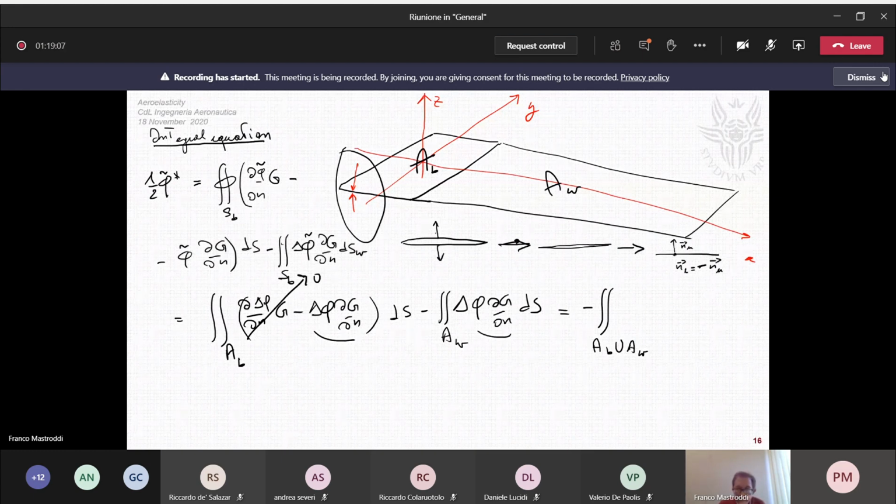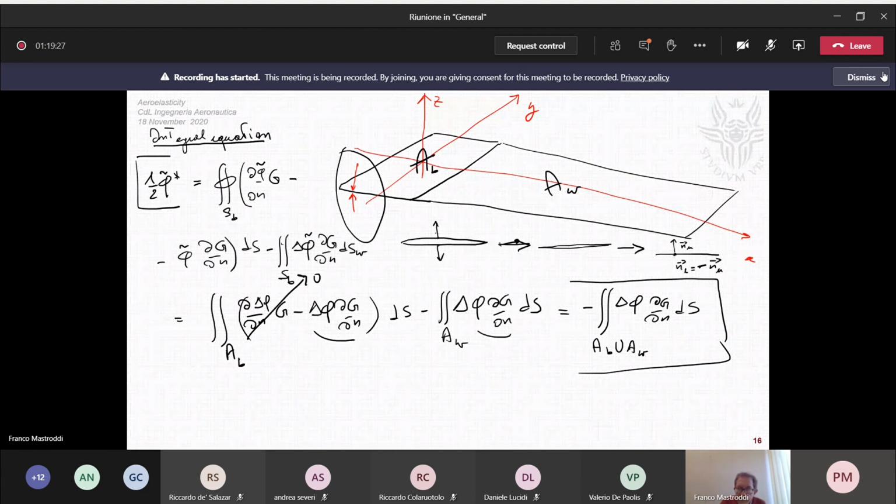But we have a problem, Houston. I like this equation, of course, but what we have at the moment is an integral equation relating the velocity potential upper or lower with the delta phi.